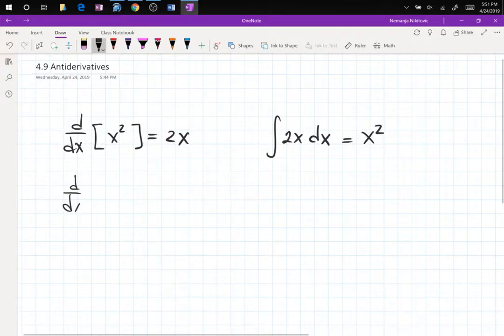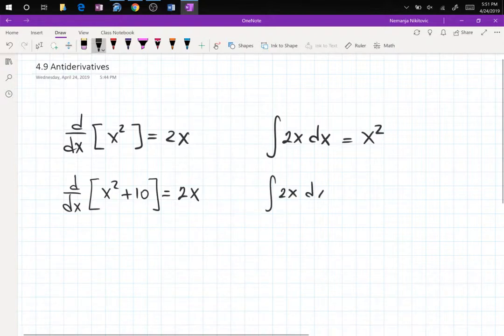Now, the second example is x squared plus 10. What's the derivative of x squared plus 10? 2x. So the integral of 2x dx is x squared. Do we see the issue?